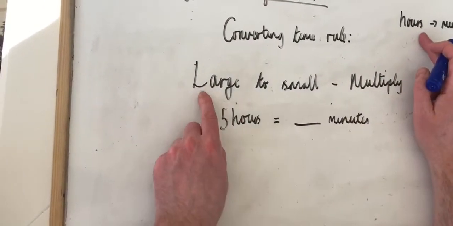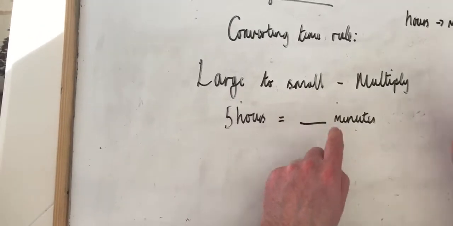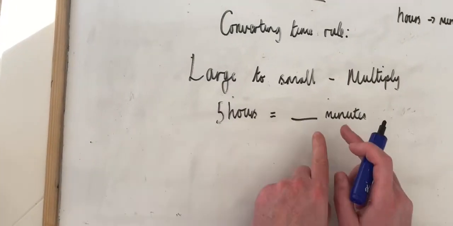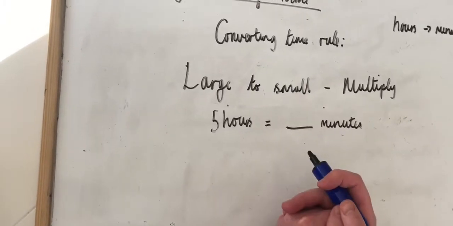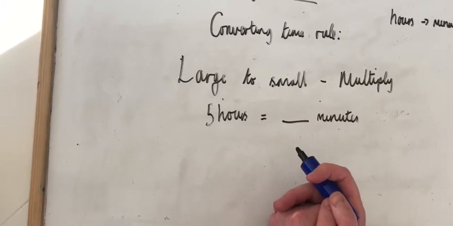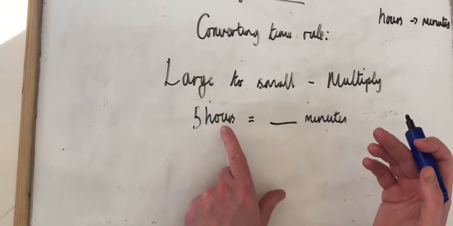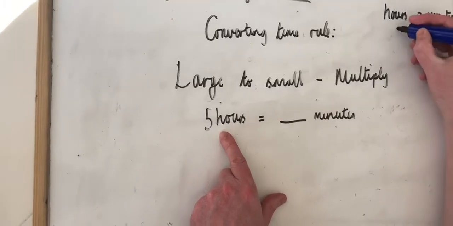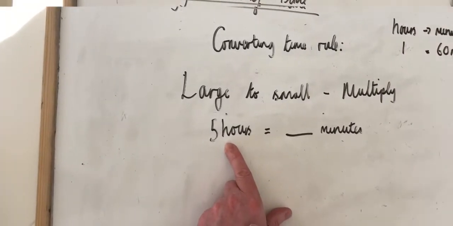So an hour is a larger unit than the minute, which is smaller. So to convert from 5 hours to minutes, what am I going to do? Well, first of all I need to think about how many minutes are in 1 hour. So 1 hour equals 60 minutes.